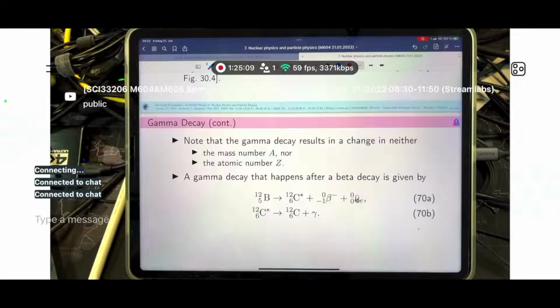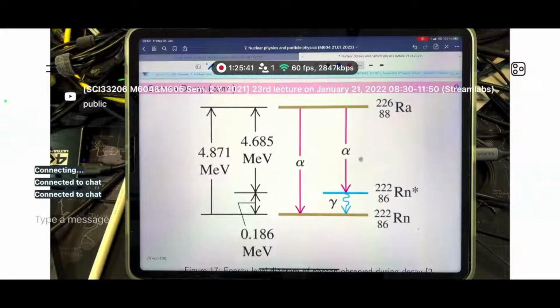The carbon nucleus that has a star, still in the excited state, will be cooled down. After the vibration of protons and neutrons inside the nucleus, it will release the gamma ray. So this is also a possible way for gamma emission in the beta decay process, not only in the alpha decay process like in radon and radium.